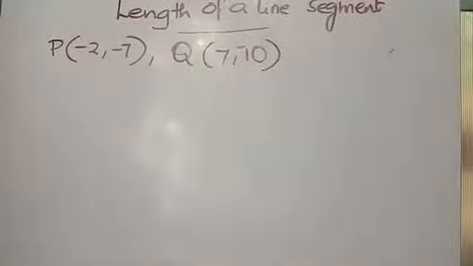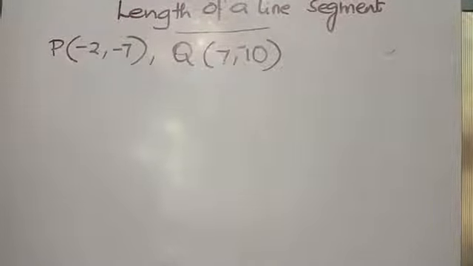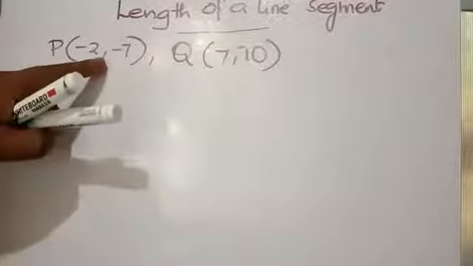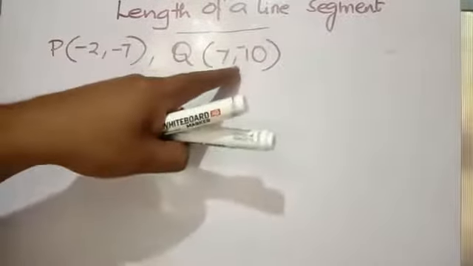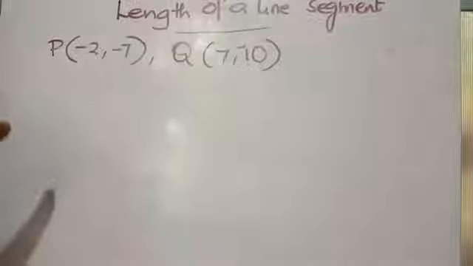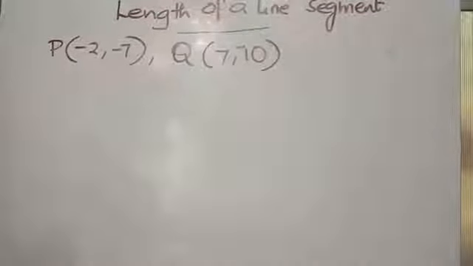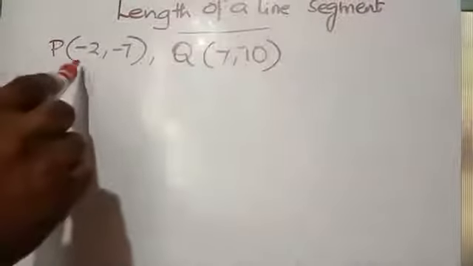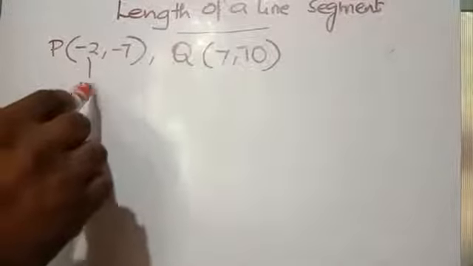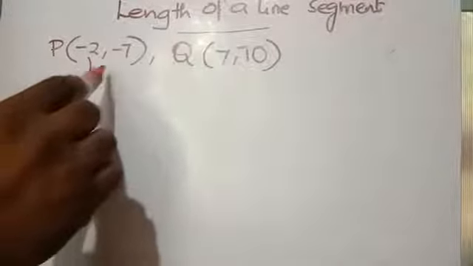Let's find the length of the line segment P (-2, -7) and Q (7, -10). Okay, P (-2, -7) is in quadrant 3 and this is in quadrant 4. That doesn't matter here, but I am showing the line comes like this between quadrant 3 and quadrant 4. Now to find the length of this line segment, we must know x1. So this is x1, this is y1, x2, y2.